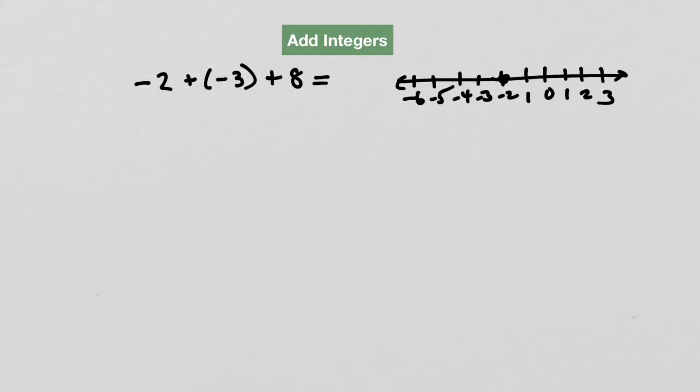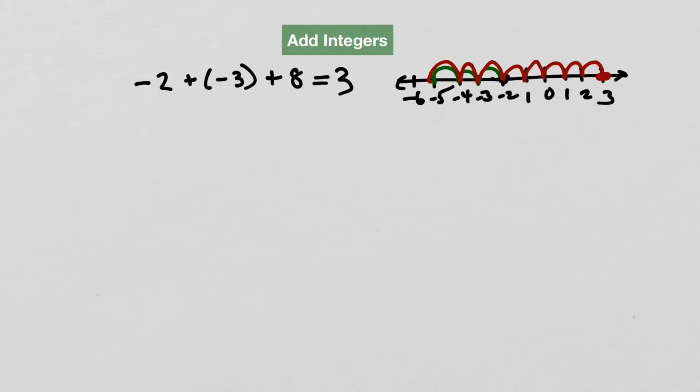We're adding a -3. We see a negative, so we got to go to the left 3 spaces. So that's 1, 2, 3. But we also need to add 8. And since we're adding a positive number, we need to go to the right 8 spaces. So now we go to the right 1, 2, 3, 4, 5, 6, 7, 8. And we land at 3. And the answer then is 3.